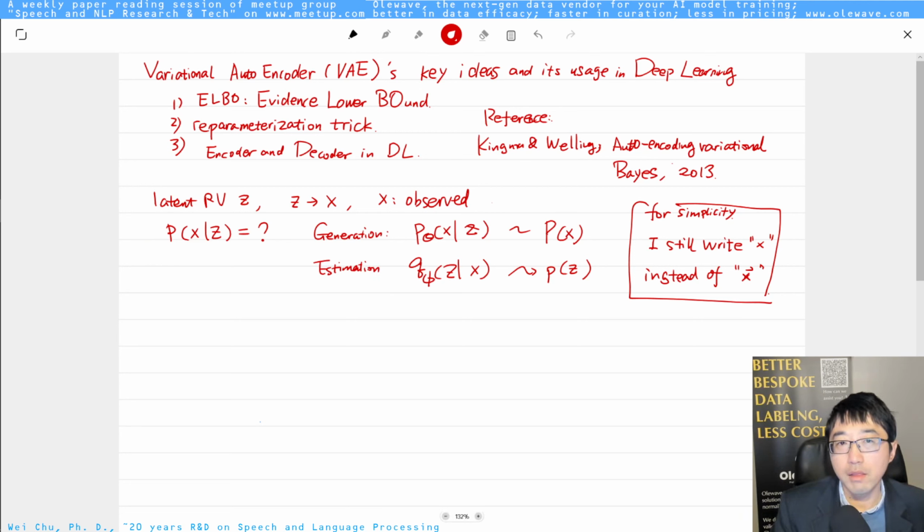So if I write this in a deep learning network model, the encoder and decoder, it will be like this. This is the encoder.